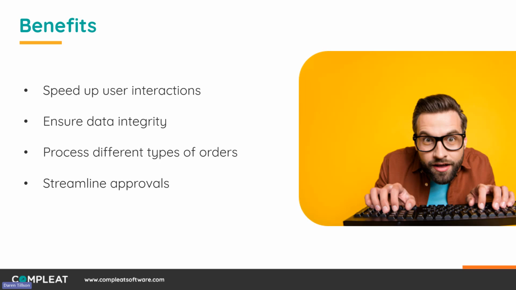I'll show you that, so hopefully that will make a little bit more sense as we go through. And also streamline the approvals. We've had some additions again recently whereby we can, within the workflow, state that depending on the matching status of the order, we can then drive the workflow based on that.